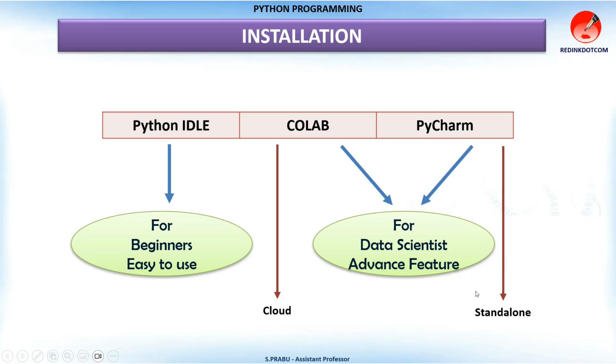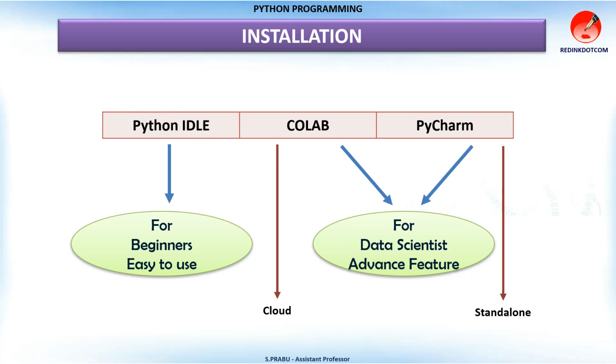But here, the resources needed to execute along with the project have to be loaded on the standalone system. If our system has a very good configuration, then we can choose this kind of IDE. Otherwise, we can use Colab. We just need a very good internet connection, and the resources needed to execute big projects are taken care of by the cloud. So in this video, we are executing our upcoming programs only through Python IDLE.